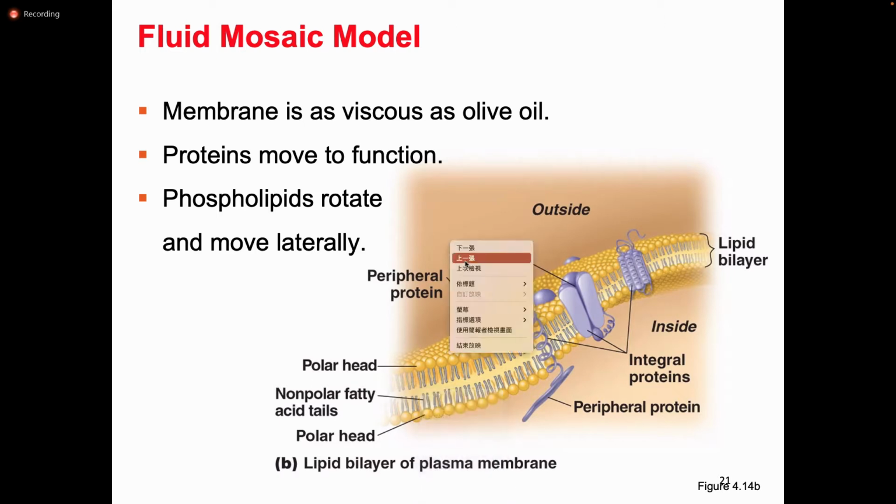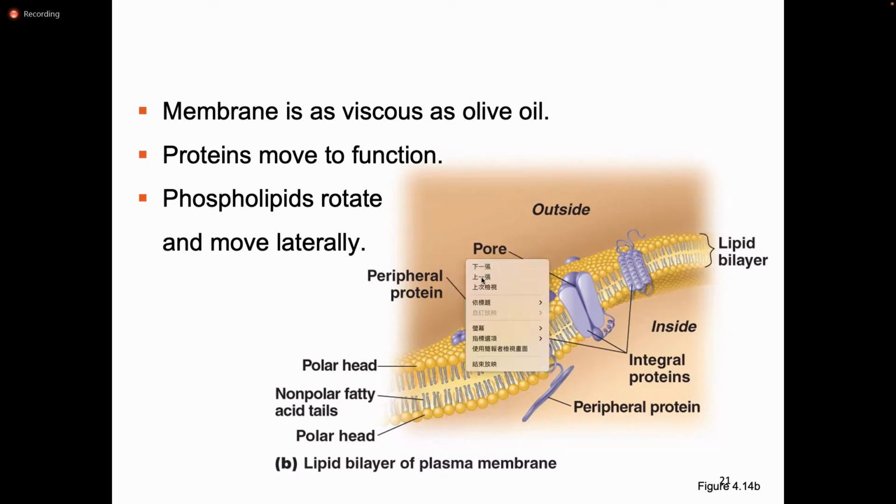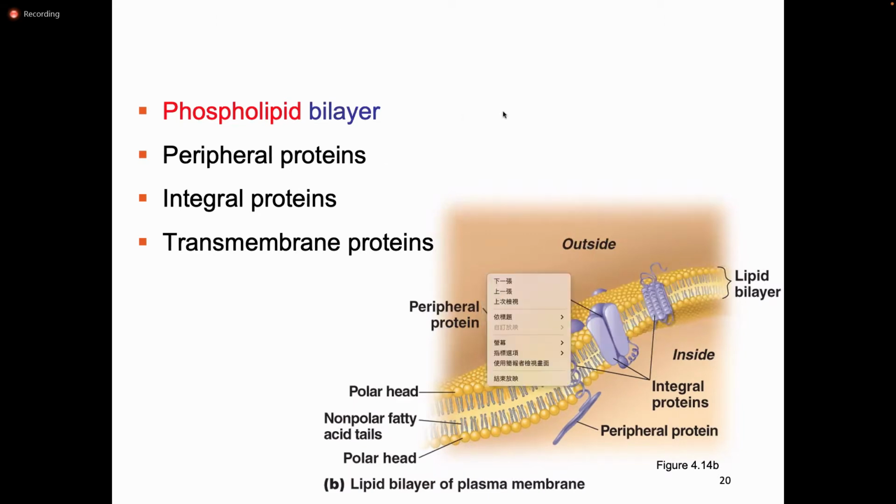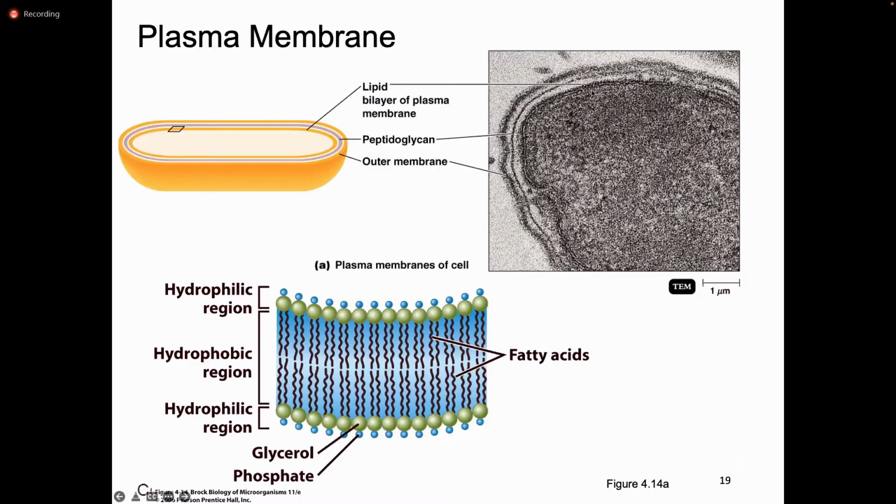In the electron micrographs, we can see two black lines and one white one. Based on this, people proposed that the black ones are proteins and the center one is the lipid. So, like a sandwich model: 2 layers of proteins plus 1 layer of lipid.